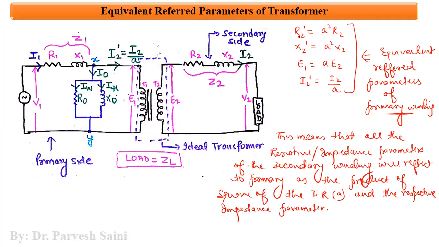So you can see here R2 dash is equal to A square R2, X2 dash is A square X2.